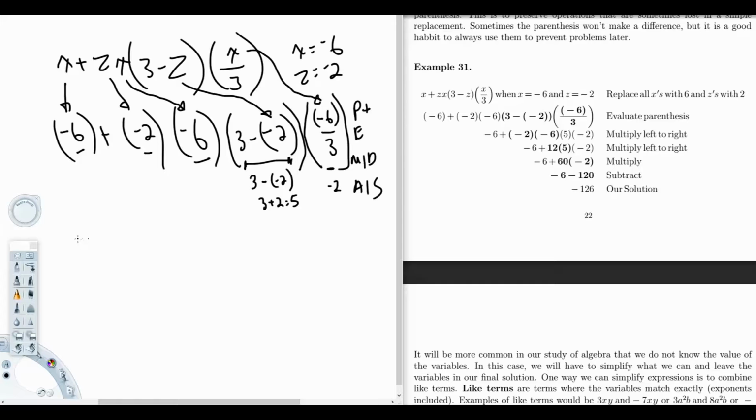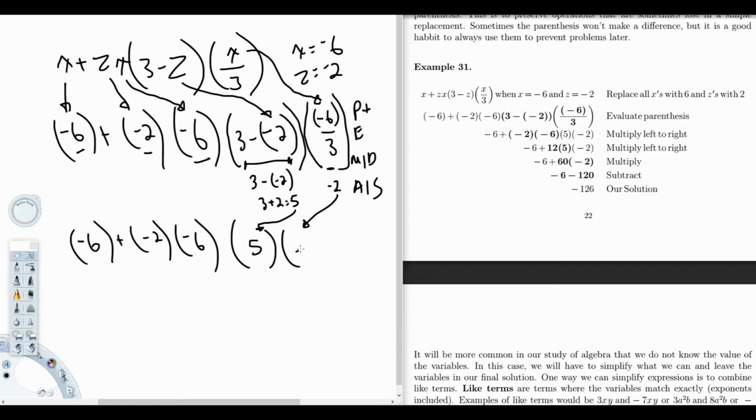So let's carry down what we have: minus 6 plus minus 2 times minus 6 times 5 times minus 2. Boom. Do we have any more parentheses? Not really. Any exponents? Nothing. Any multiplication or division? Yeah, we've got this, this, this. So let's start multiplying. Minus 2 times minus 6 equals 12, right?